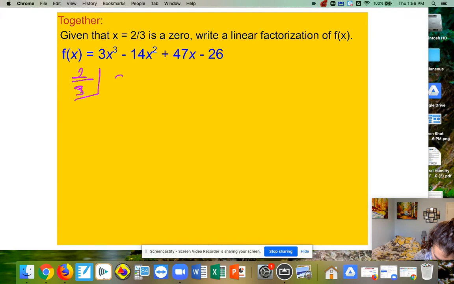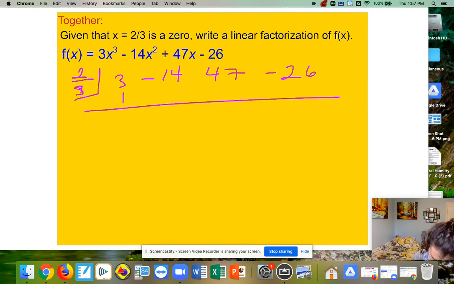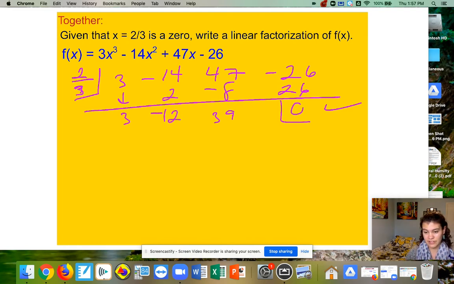And here we have 3, -14, 47, and -26. Drop the 3 down, you'll get 2, -12, -8, 39, 26, and 0. And again, check to make sure you actually get 0 to make sure you're doing everything correctly.